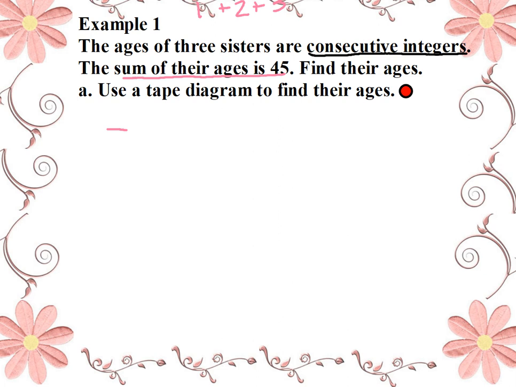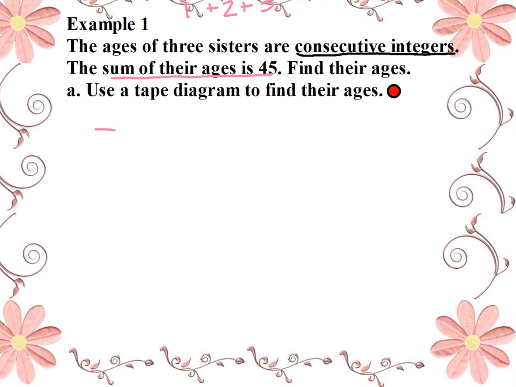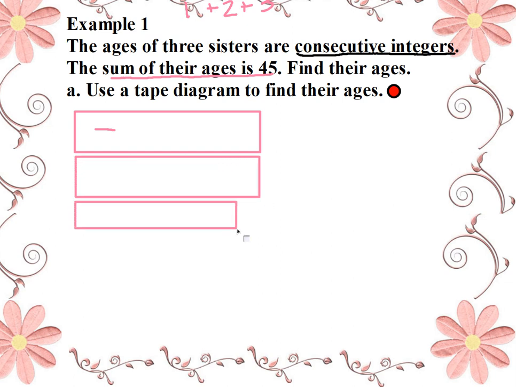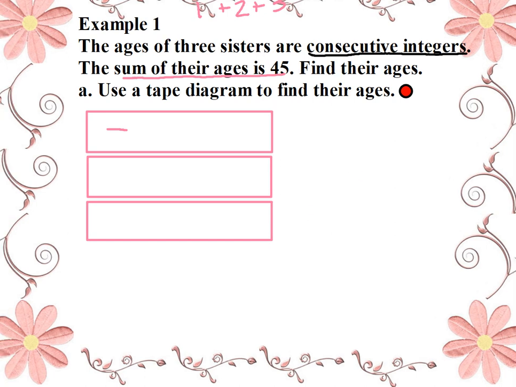There's my tape diagram, and I'm going to make 3 of them the exact same size, okay? The reason I'm making 3 the same size is I'm going to start out and think this is sister 1, okay? So if this is sister 1, she's the youngest, and she's called X.